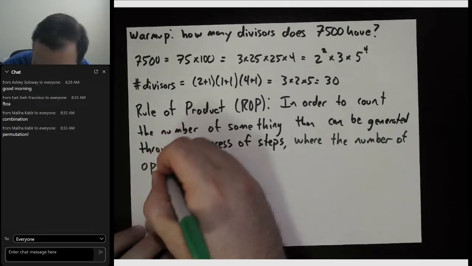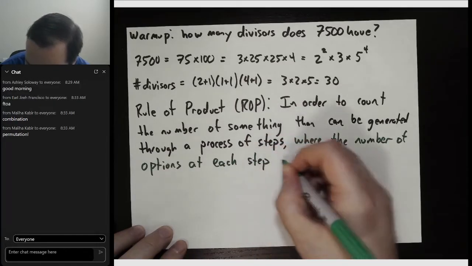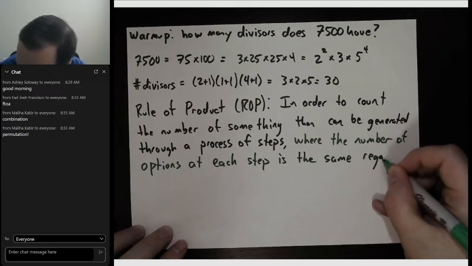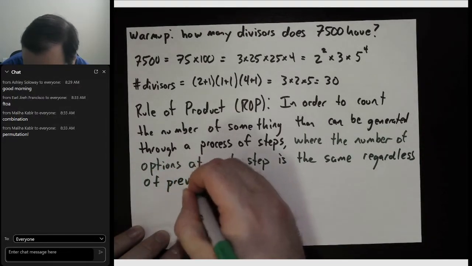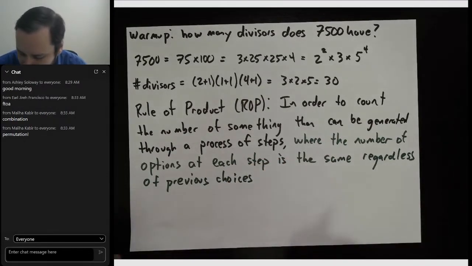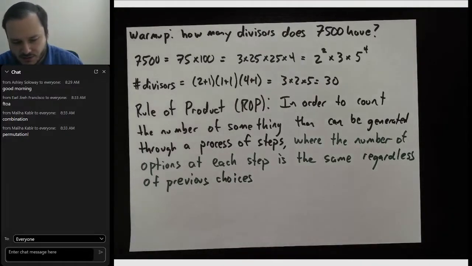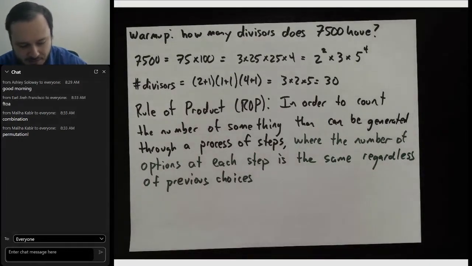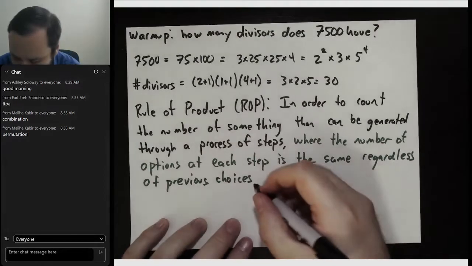The number of options at each step is the same, regardless of previous choices. Maybe the actual options do, but the number of options doesn't matter on what comes before. You just have to multiply the number of options at each step.